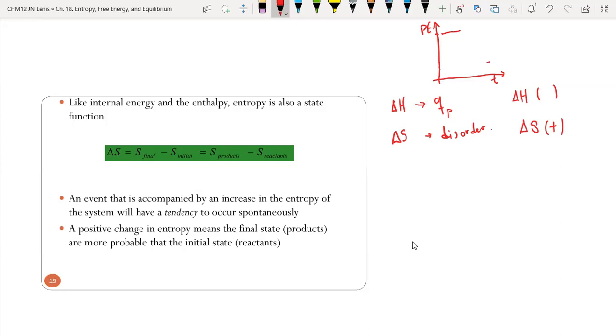And after the chemical reaction, the products of that reaction will have this level of potential energy. And we call this what kind of process? Exothermic. Delta H is negative.